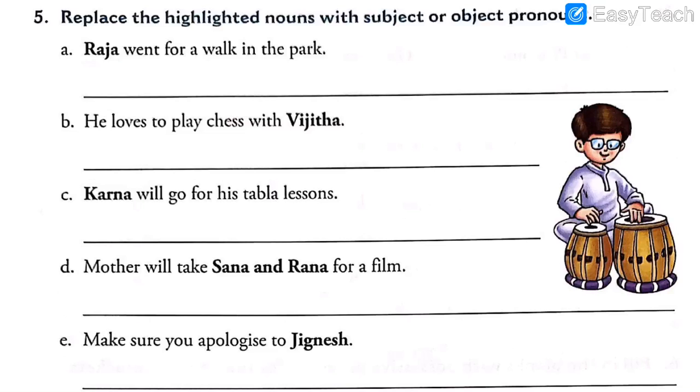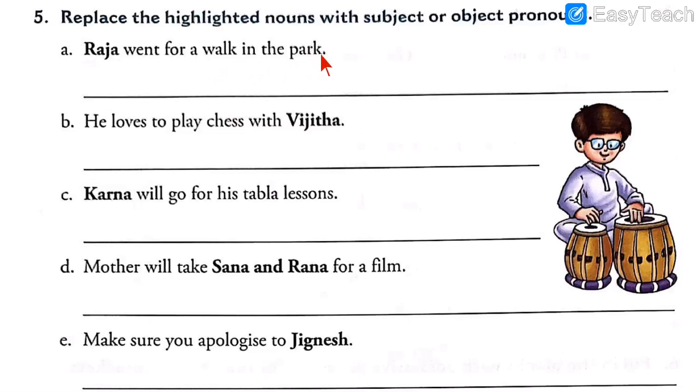Which are the pronouns that we have learned? I, you, he, she, they, it, me, you, him, her, them, it. There are so many pronouns that we have learned; we have to use either subject pronouns or object pronouns. Let's read.